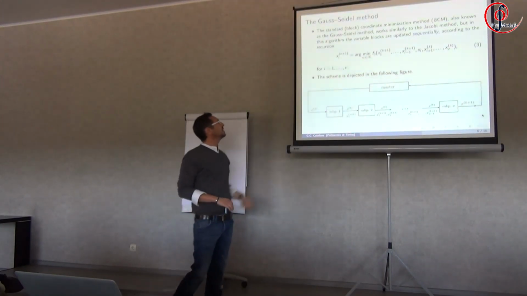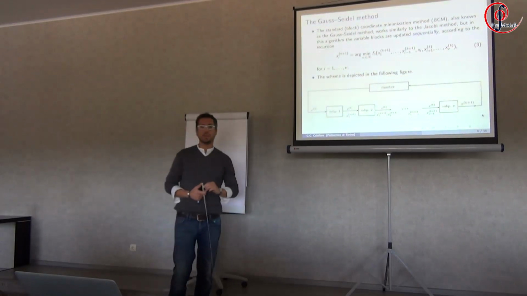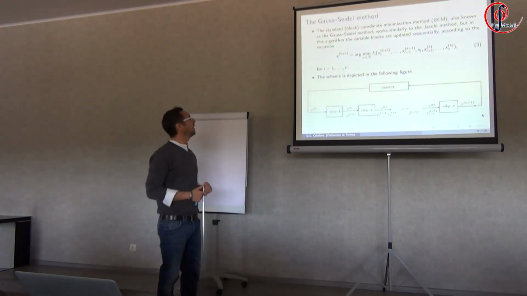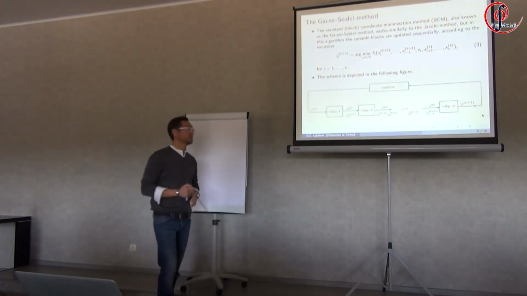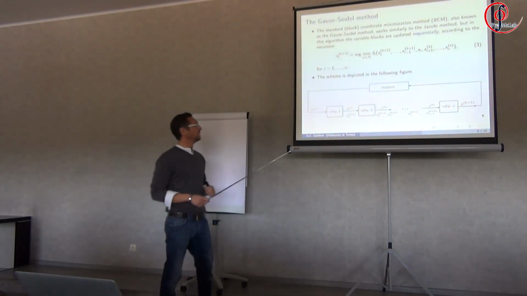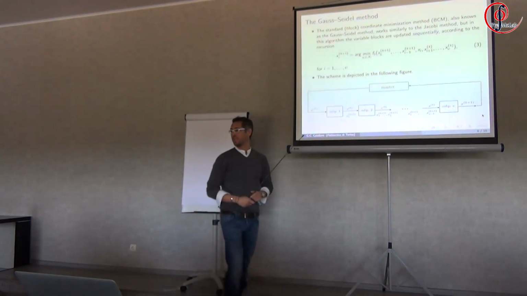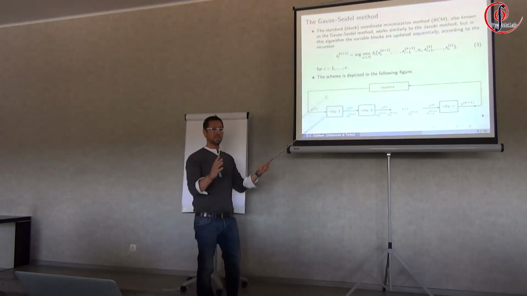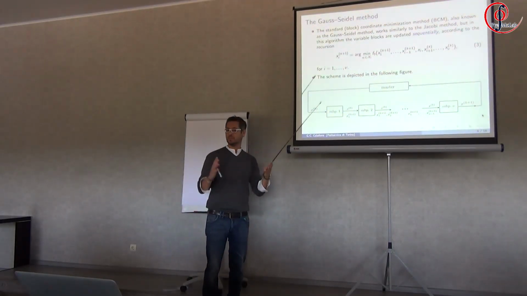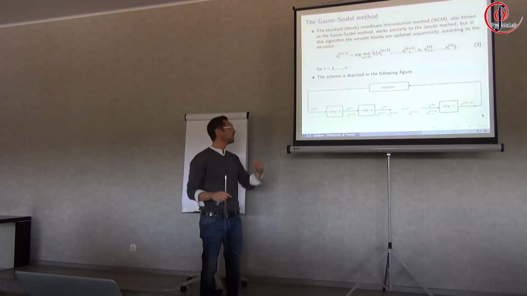Other techniques are the so-called Gauss-Seidel type, or more simply sequential update methods. The sequential update method is depicted in this figure here. I start with some initial value of my solution, of my string of variables.